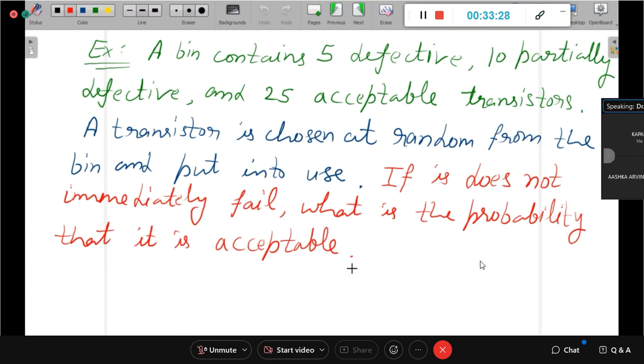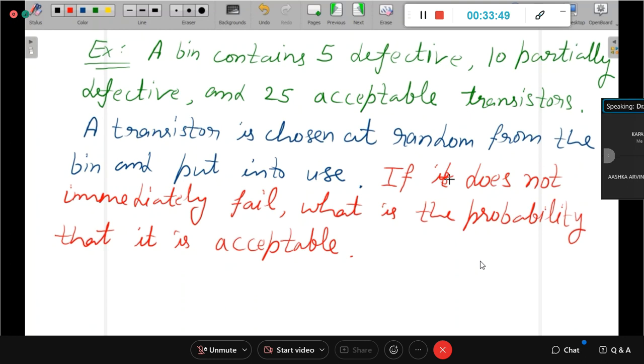Okay, so a transistor is chosen at random from the bin and put into use. So it could be either defective, partially defective or acceptable.